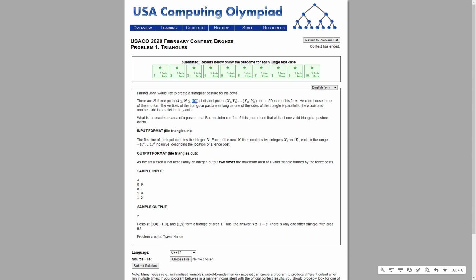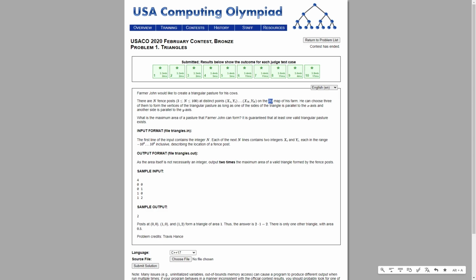Just because it's a small value doesn't mean you can make as many for loops as you want. You still have to stay in a reasonable amount. And remember, these bronze problems are generally pretty simple and you can probably get them within like 30 to 50 lines of code. 8 for loops is definitely not there. Just writing the loops itself takes about 16 lines of code and it's not going to be the solution.